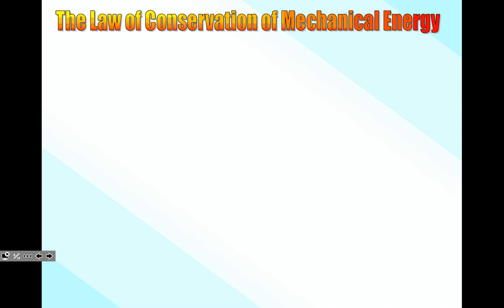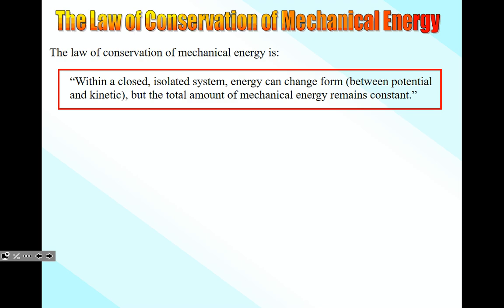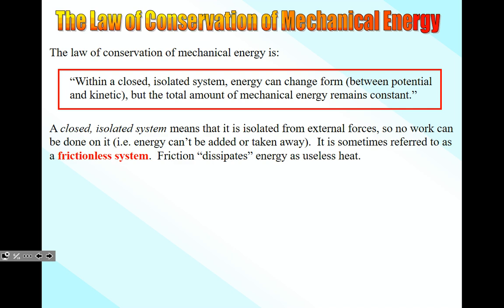The law of conservation of mechanical energy states that within a closed or isolated system, which means we're not taking into account friction, energy can change form, going between potential and kinetic, but the total amount of mechanical energy remains constant. So the mechanical energy doesn't change. Your EK plus your EP is always going to equal your EM. What this concept means is that you can change stuff around. I'll show you that in just a second.